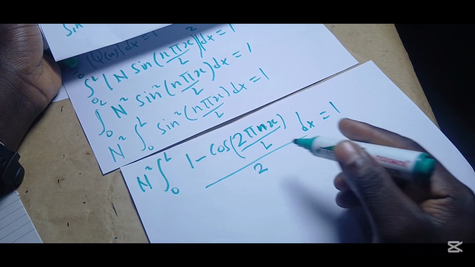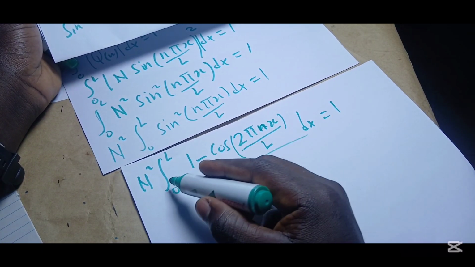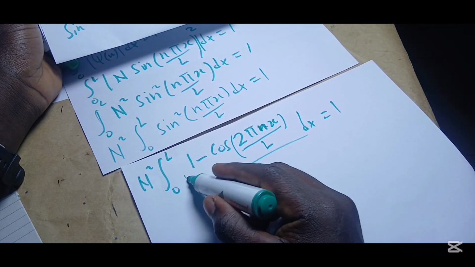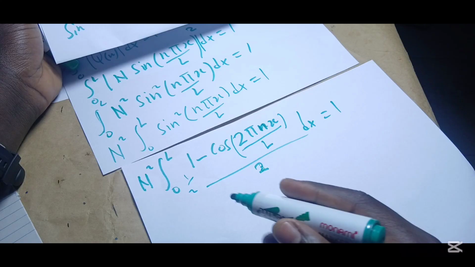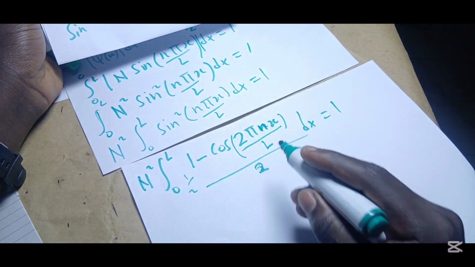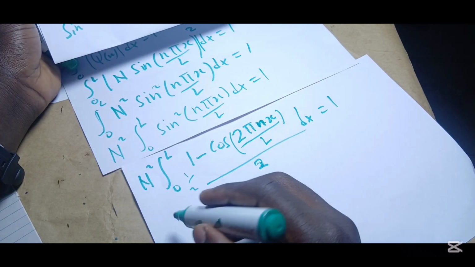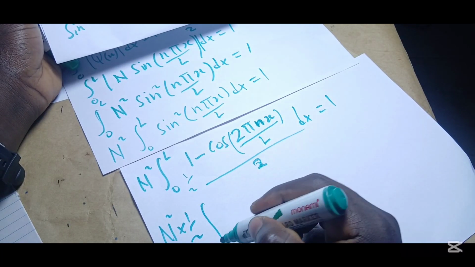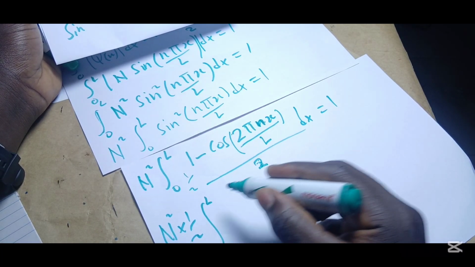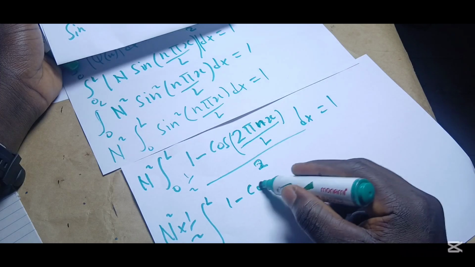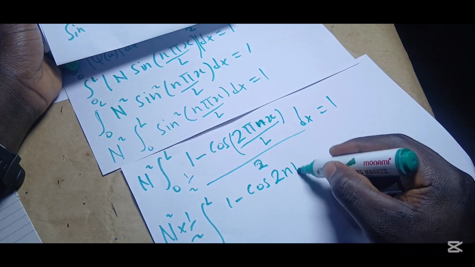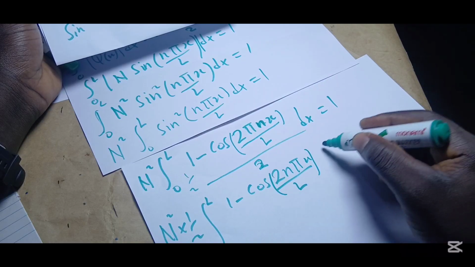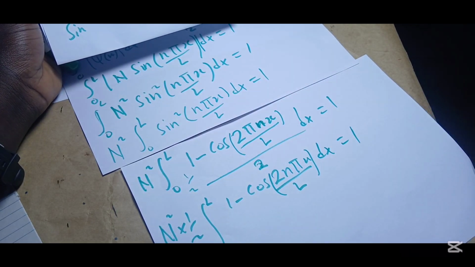Now we can factor this 2 out. This 2 right here is the same as this whole thing multiplying half. So if you simplify it, it's the same as dividing by 2. So we bring that half out. So n squared multiplied by half, integral from 0 to L of 1 minus cos 2n pi x all over L dx equal 1.